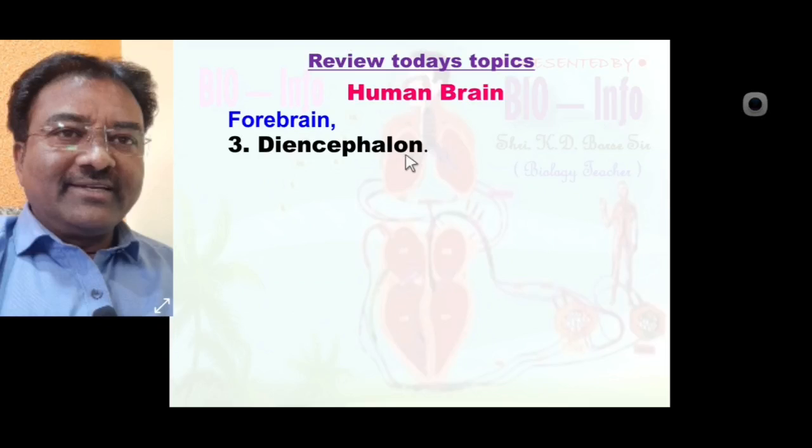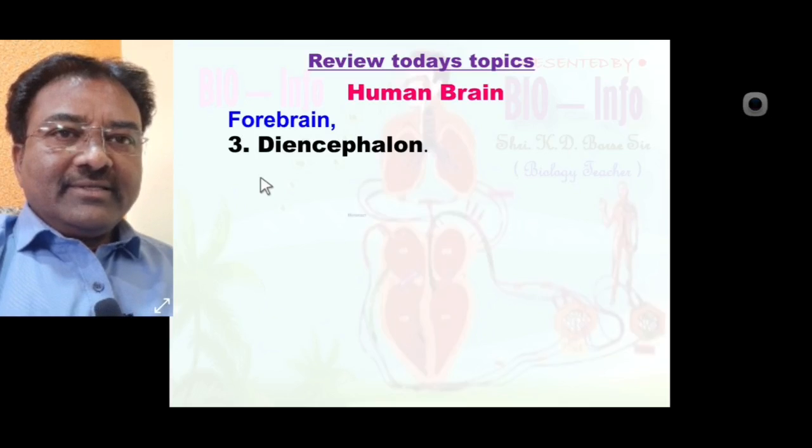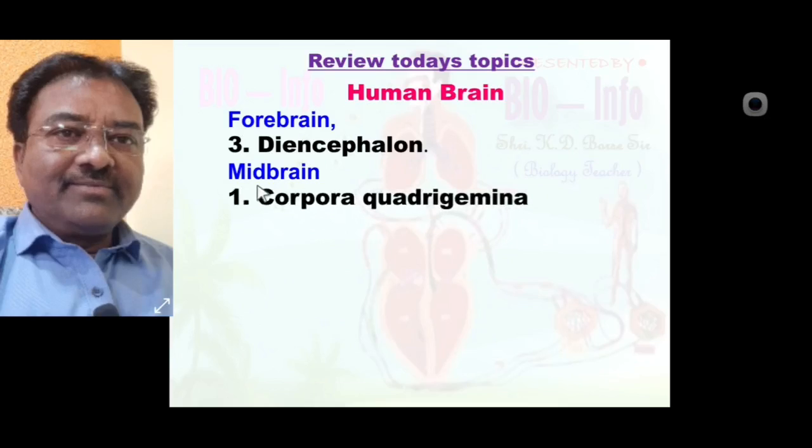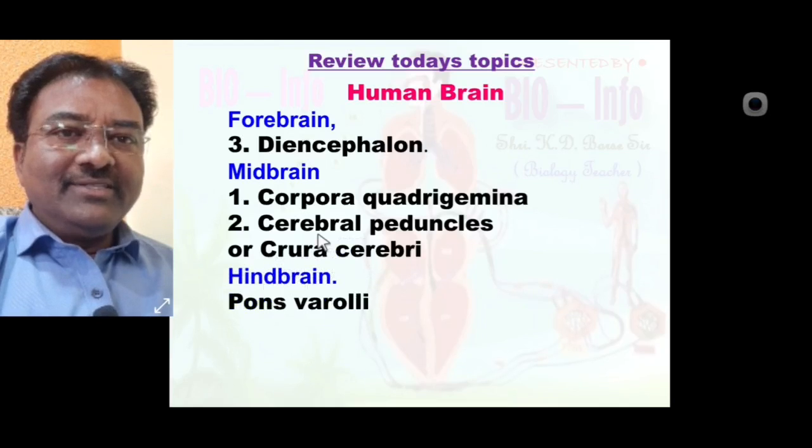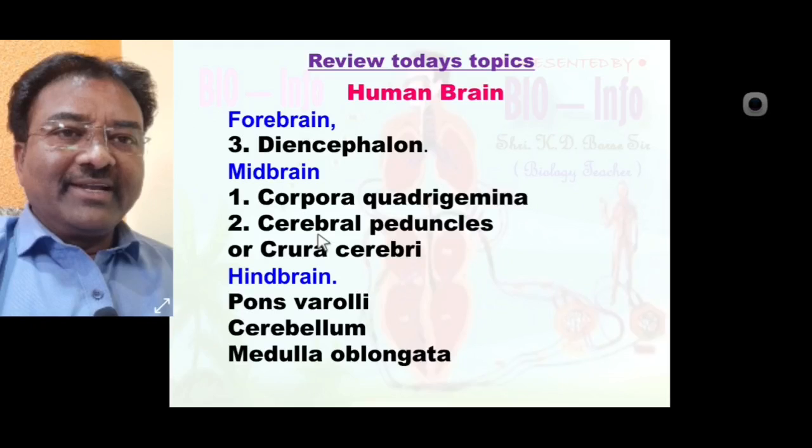In today's lecture we learned diencephalon, the third part of forebrain. Before that we learned two parts of forebrain, olfactory lobes and cerebrum. Midbrain consists of two parts, corpora quadrigemina and crura cerebri, also called cerebral peduncle. Hindbrain consists of three parts, pons varolii, cerebellum and medulla oblongata.